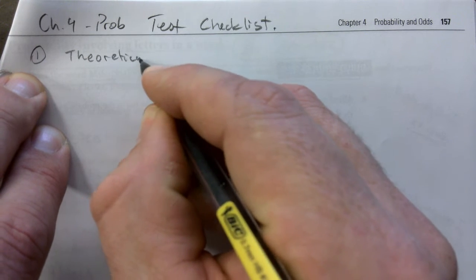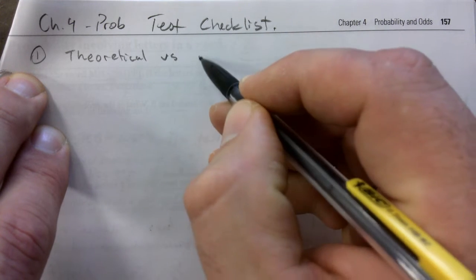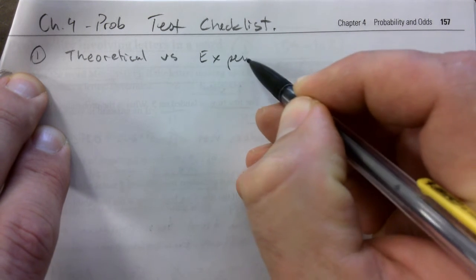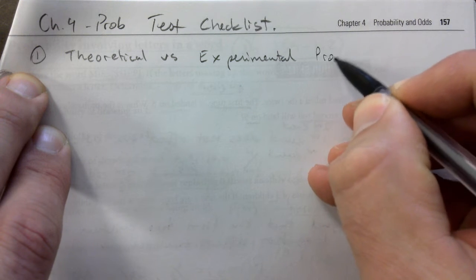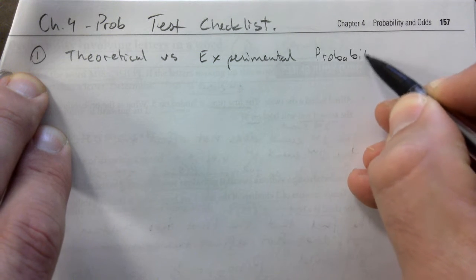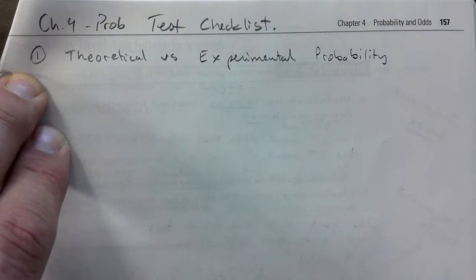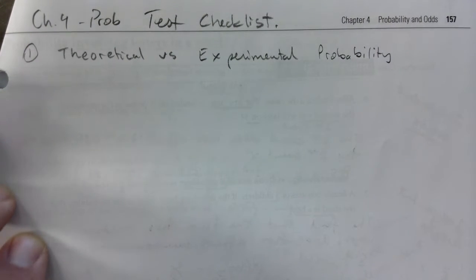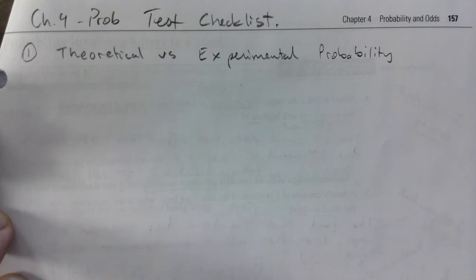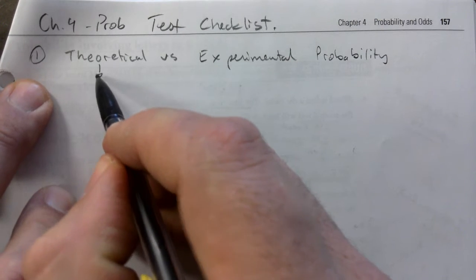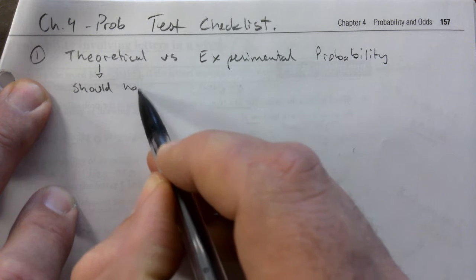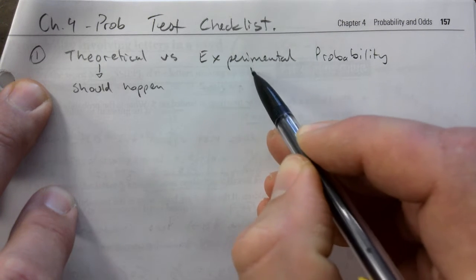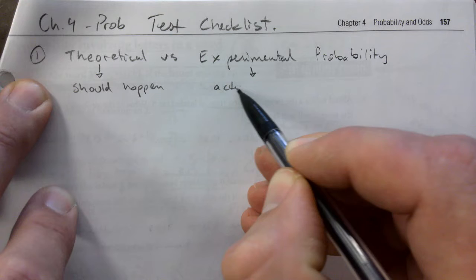theoretical versus experimental probability. And theoretical is what should happen. And obviously experimental is what actually happened.